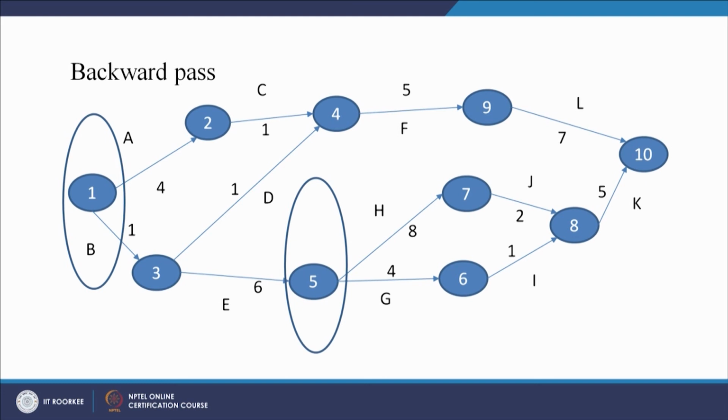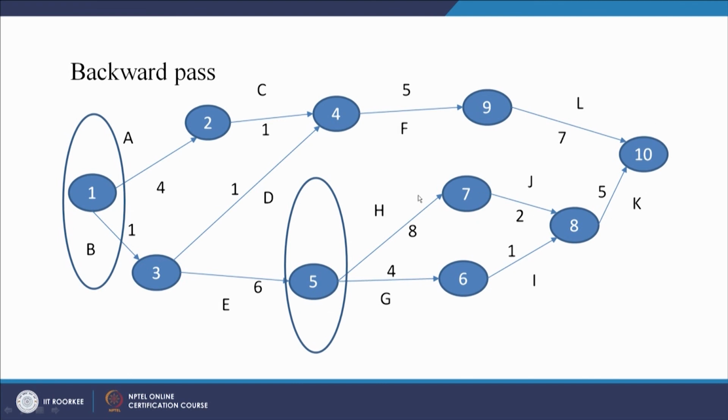So we can see here for 5, again I am doing the calculation. 22 minus 5, 17, minus 2, 15, minus 8, that is 7. And if we follow this path, 22 minus 5, 17, minus 1, 16, minus 4, 12. So if we come from this path, G must start after 12 days.